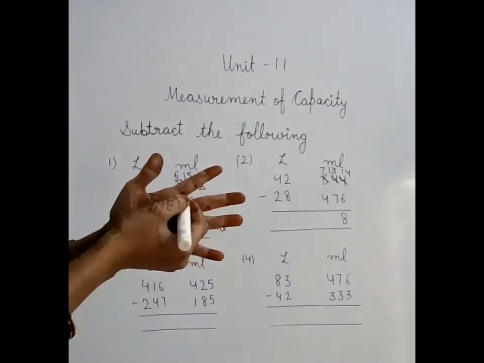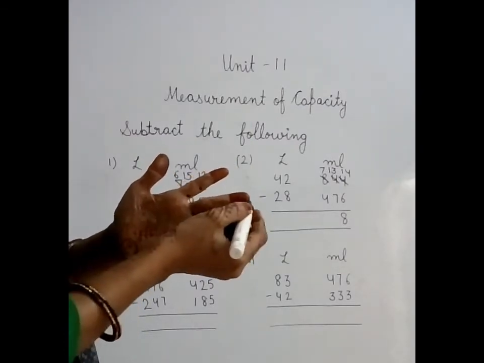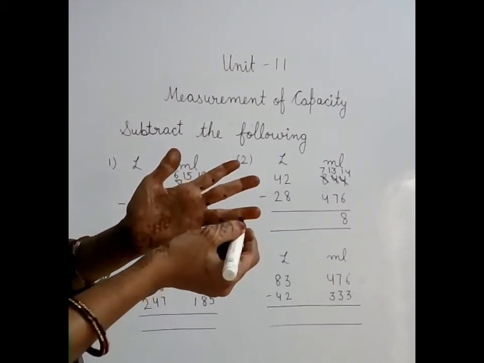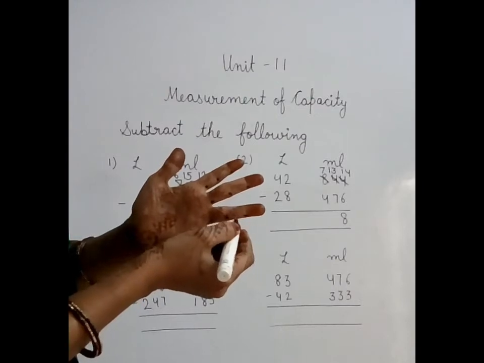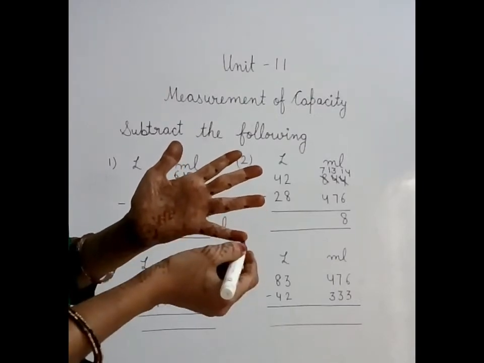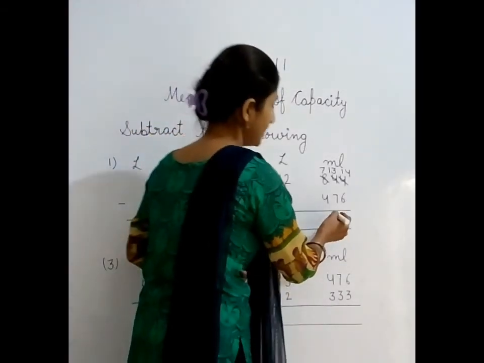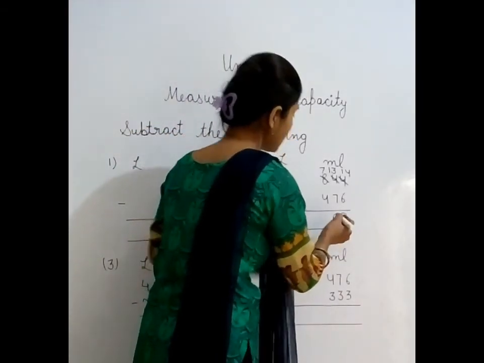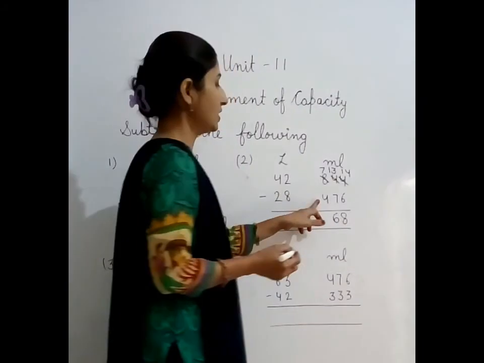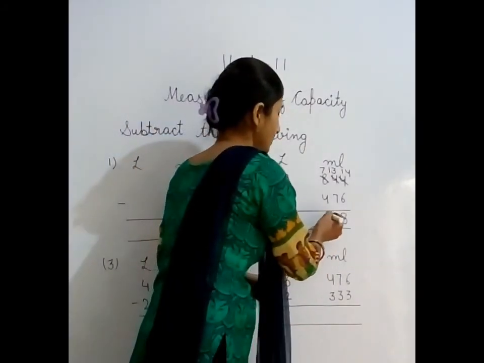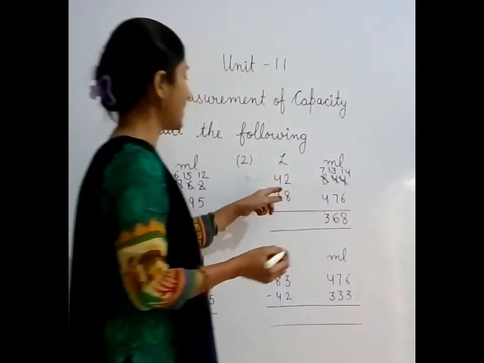How much do we subtract? 7. 1, 2, 3, 4, 5, 6, 7. Let's see how much is left. 1, 2, 3, 4, 5, 6. So we write here 6. Now 7 minus 4 is 3.